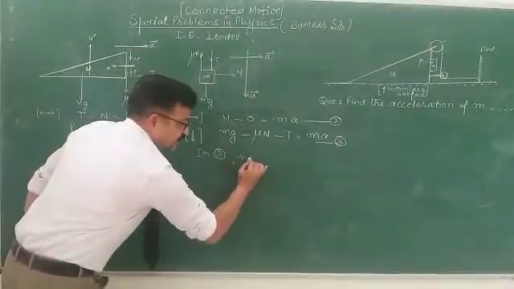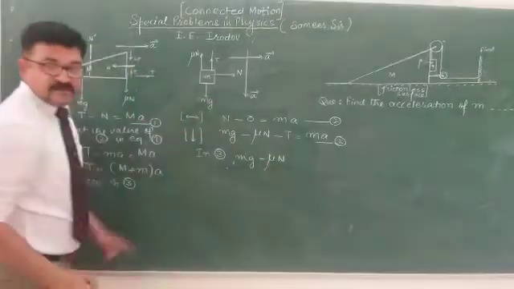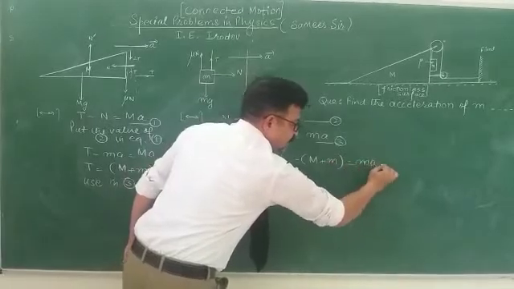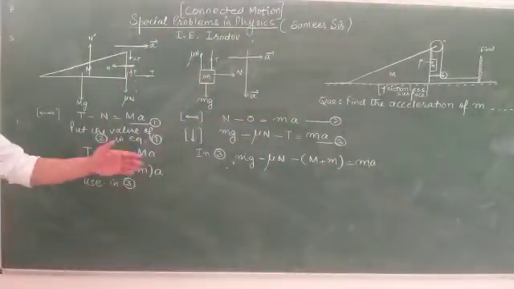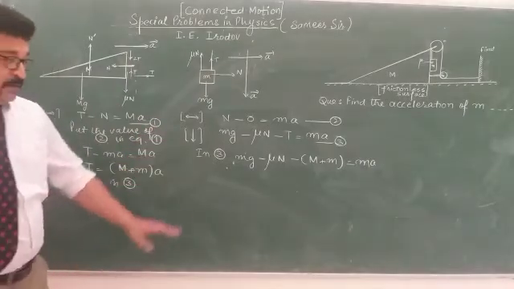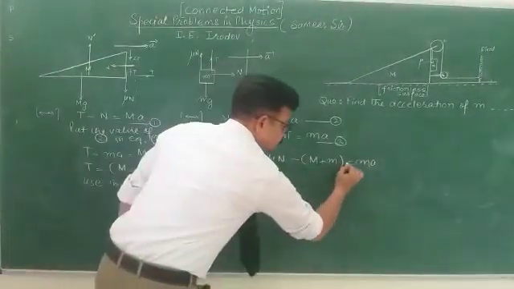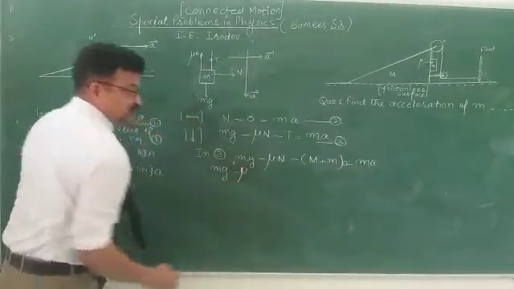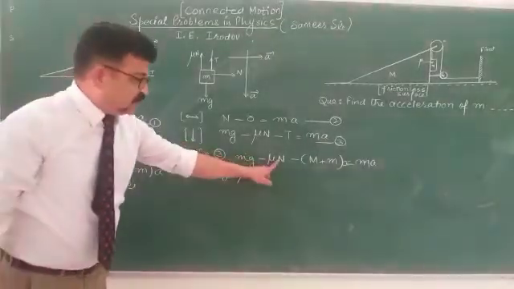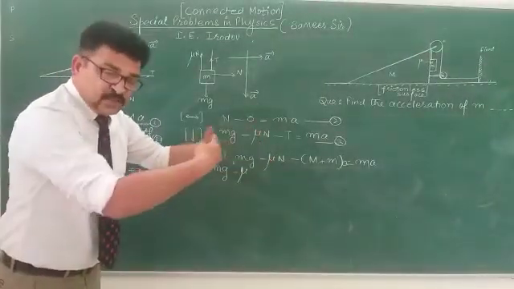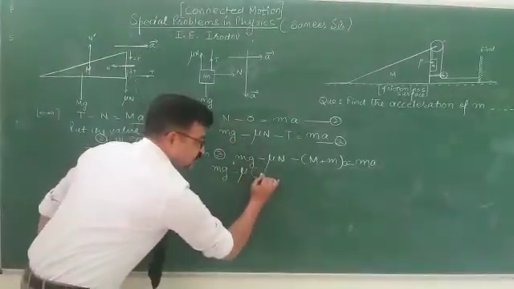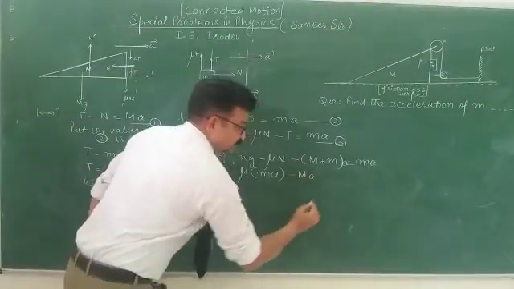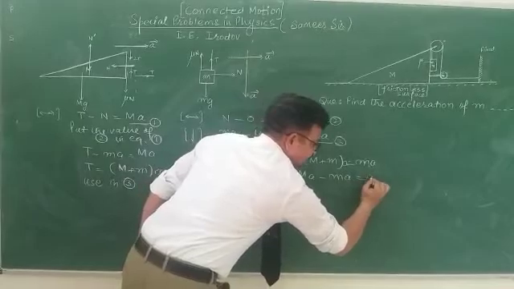You will get mg minus mu N minus M plus m into A. If you look at the diagram, my topic is to find out the value of acceleration. So it will give you mg minus mu times, and you know that we already have the value of N. Let us use the value of N also. It will give me minus mA, and this is mA.